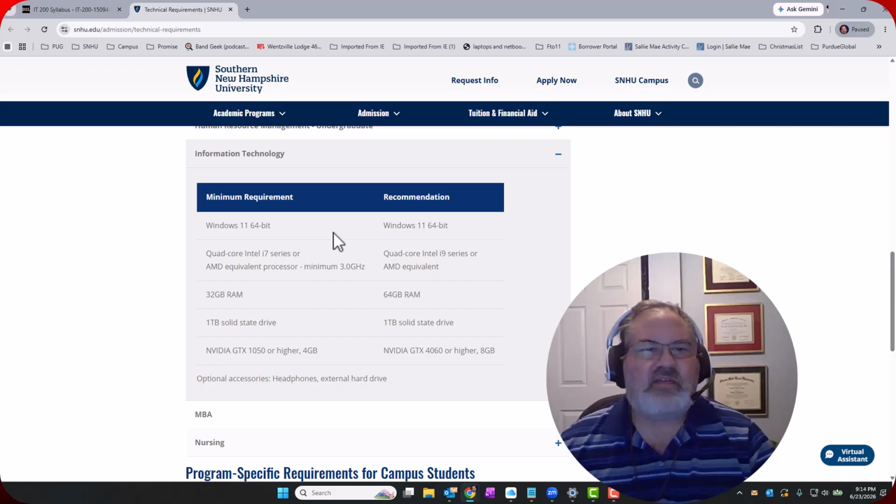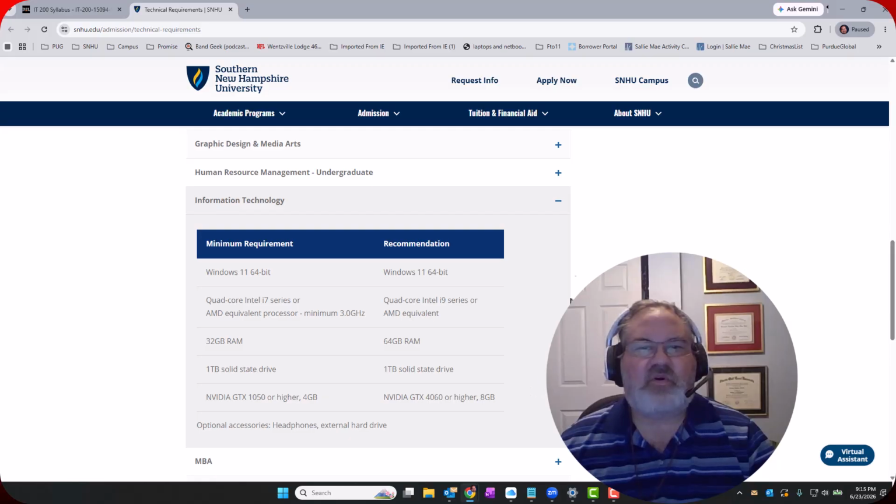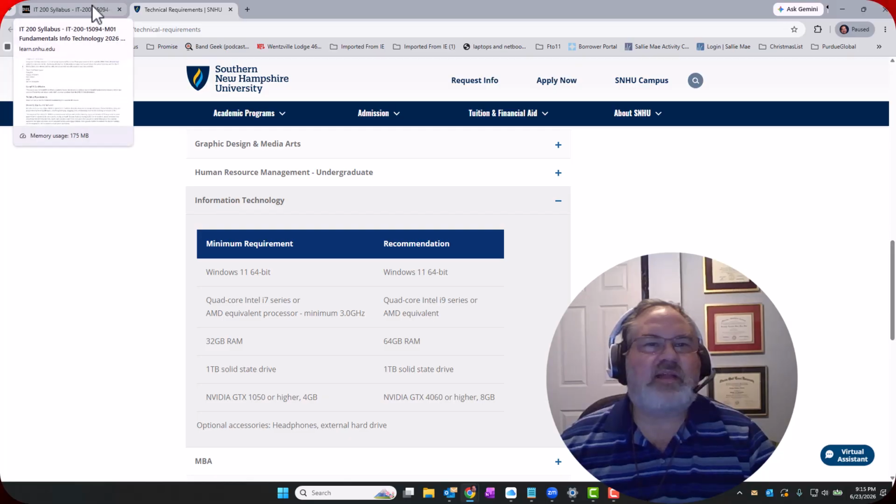But Windows 11 64-bit, 32 gigs of RAM, that's pretty high, and 1 terabyte. That'll definitely get you plenty without a problem, but that's what it's showing for information technology. You'll probably be able to access it with less, but that's what they have out there as showing for their minimum requirements.